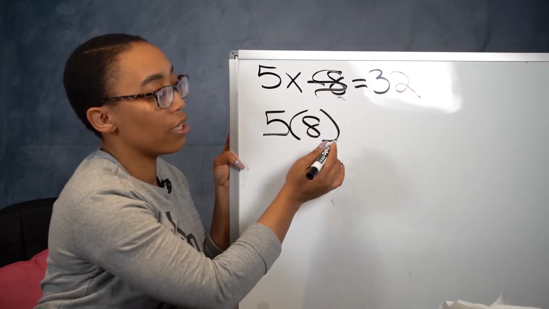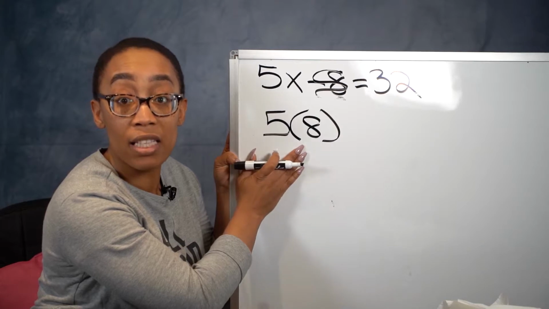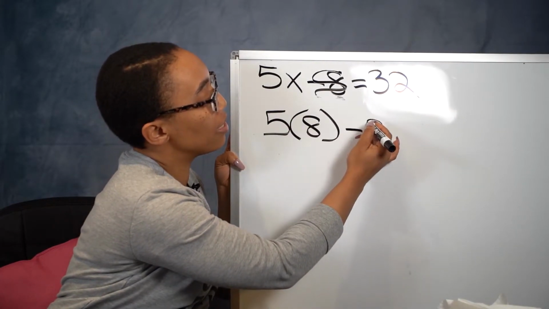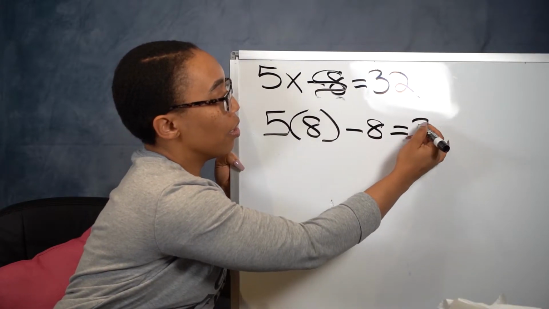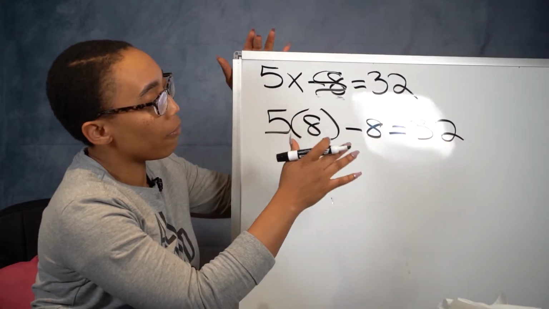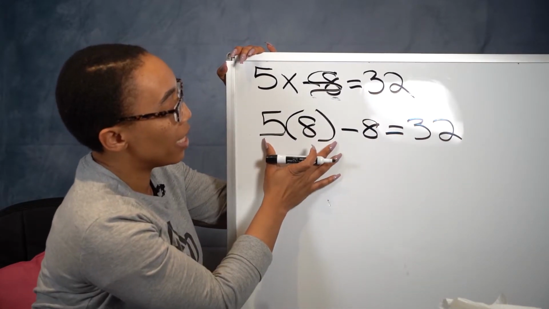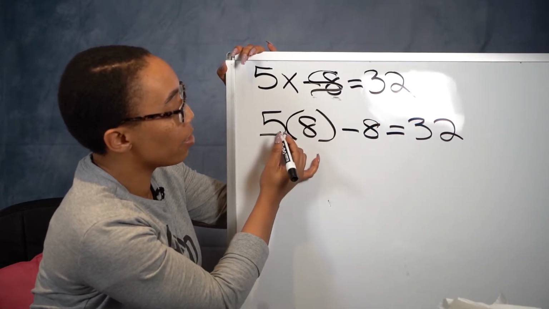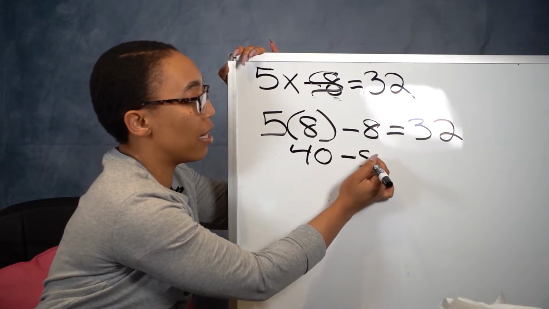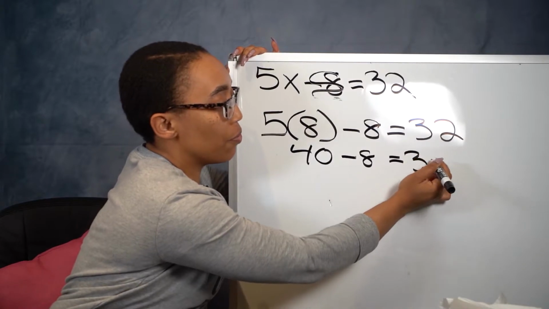I'm putting it in parentheses to signify that is the number we're substituting for the variable. Minus 8 equals 32. That's all we did, we just rewrote it. In this problem, let's solve the multiplication first. 5 times 8 is 40. So 40 minus 8 equals 32.